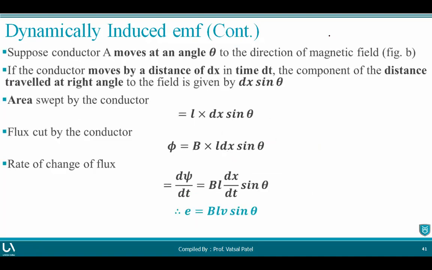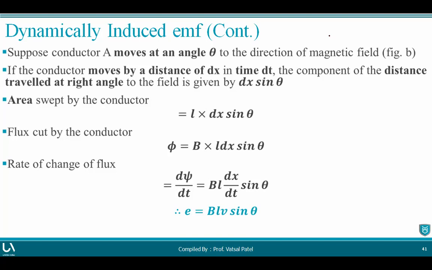Suppose a conductor A moves at an angle of theta to the direction of the magnetic field B, that is the center one in our figure.